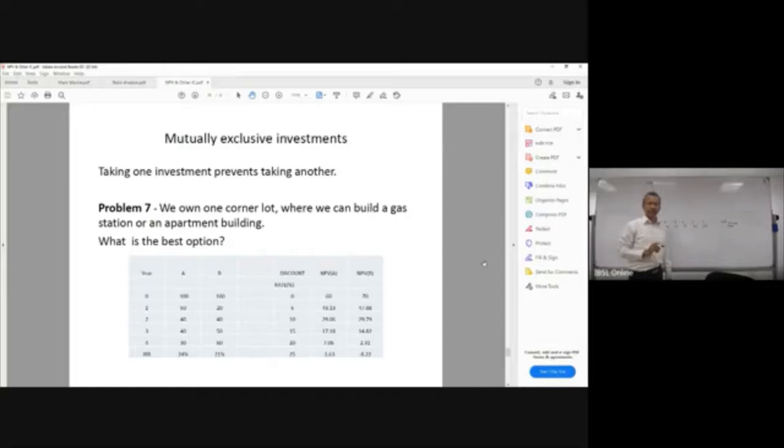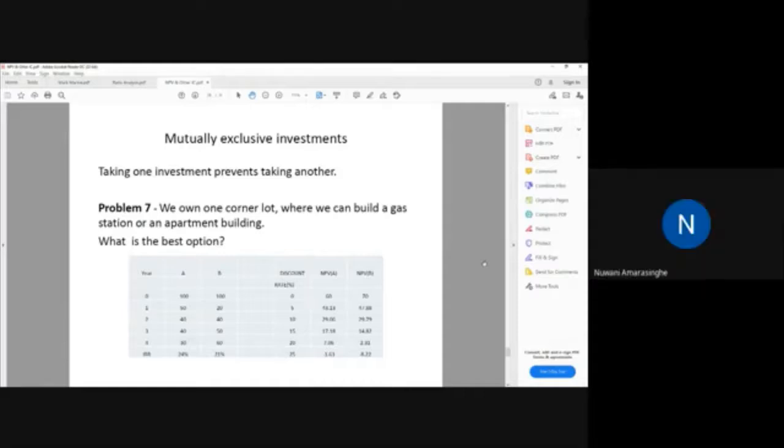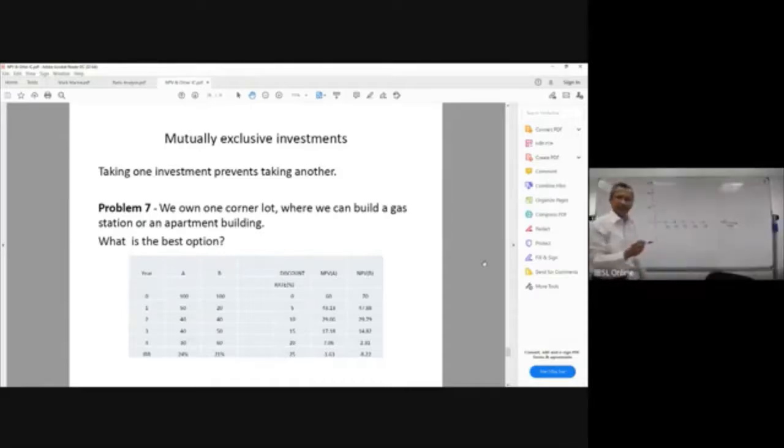So you tell me for A at 0, what is the net present value? 60. Okay. At 5%? 43.1.